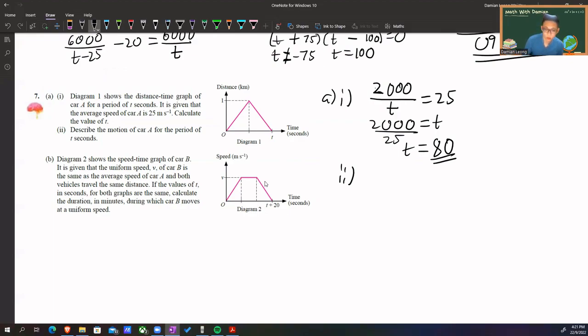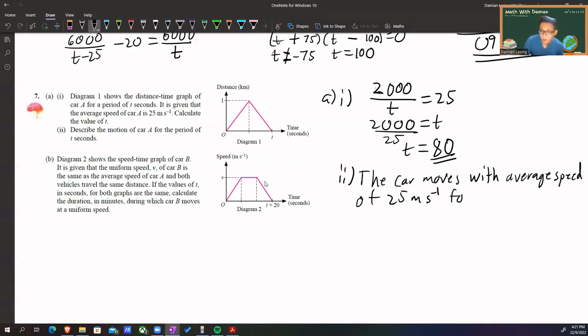If we describe according to the average speed here, I can say the car moves with, I use the information that we're given, average speed of 25 meters per second for a distance of 2 km.